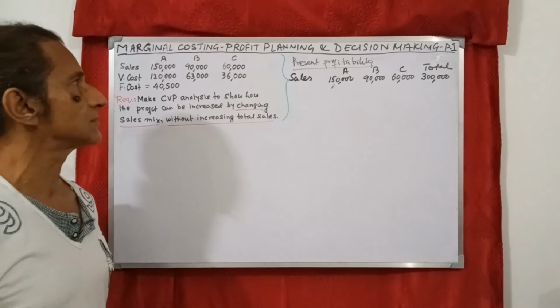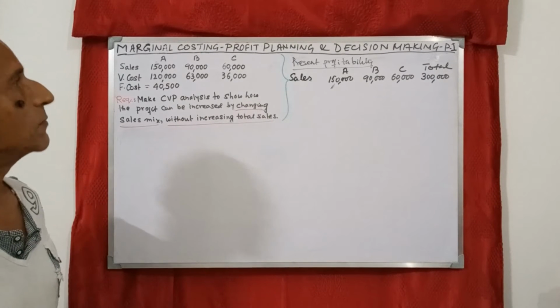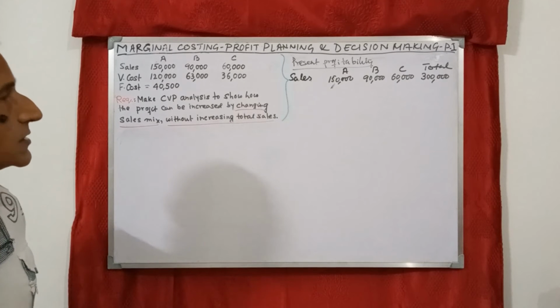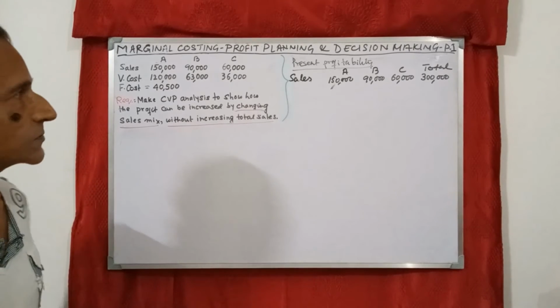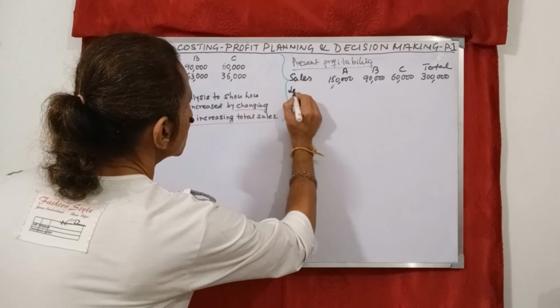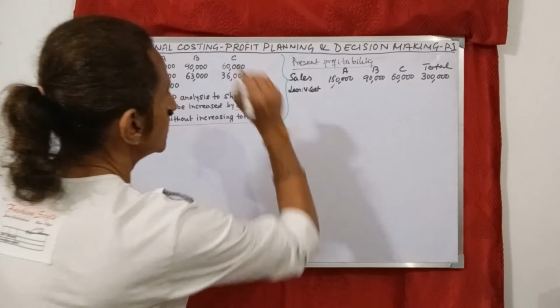Now from sales we shall deduct variable cost. That is the basic formula of marginal costing. That is sales minus variable cost equals to contribution, and contribution minus fixed cost is equal to profit. So we deduct variable cost here. So less variable cost.